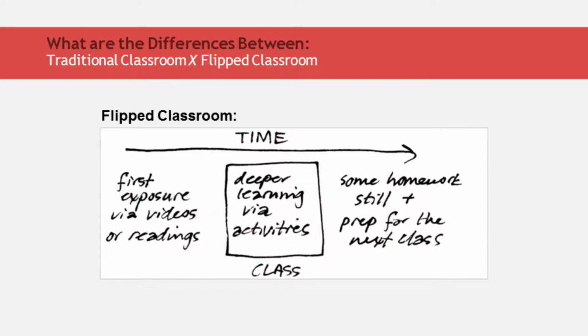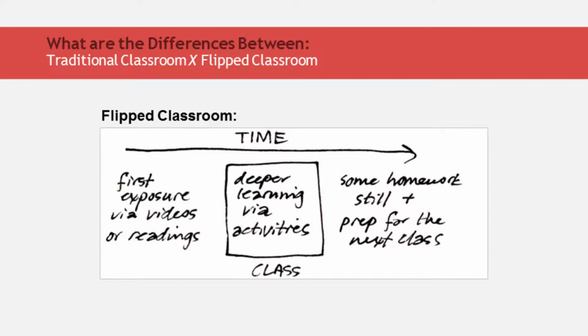On the other hand, in a flipped classroom, the length of time is usually divided in 3 different moments. First, students are exposed to the content via videos or reading passages previously selected by the teacher, and it happens before class, at home, at work, in students' free time.